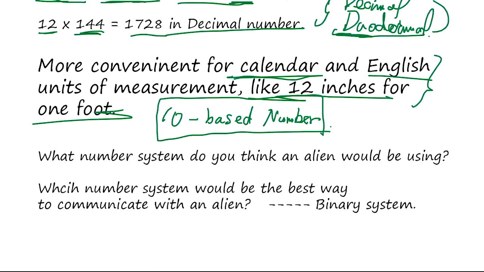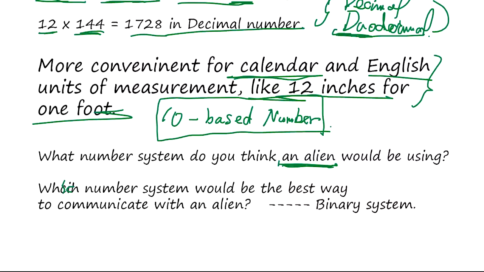It's just an accident. So when you see an alien, what kind of number system do you think they're using? Where's the hint? Look at their hands, see how many fingers they have, right? Which number system would be the best way to communicate with an alien if you're not sure?